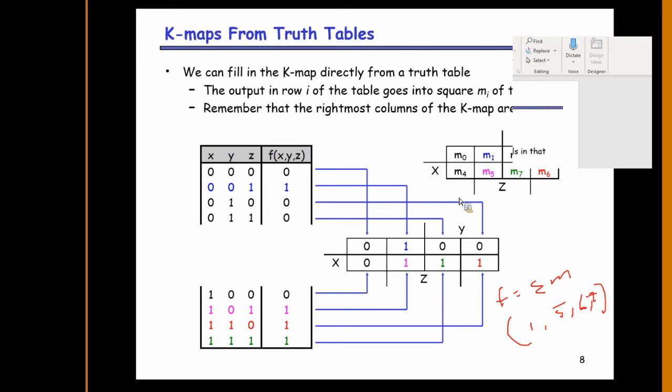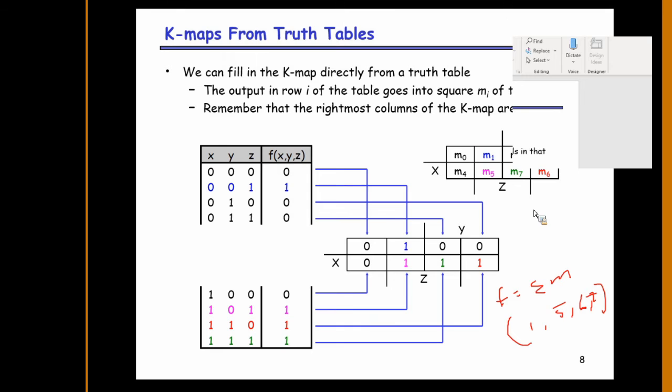So 4 square adjacency can eliminate two variables which are not common for the 4 minterms. 2 cell adjacency, or a pair, can eliminate one variable from its function, whereas 8 square adjacency, or an octet, can eliminate 3 literals. Okay, 16 cell adjacency is called a double octet.